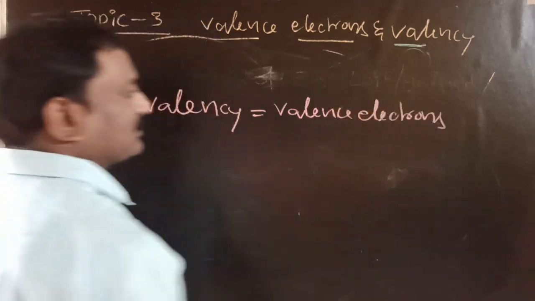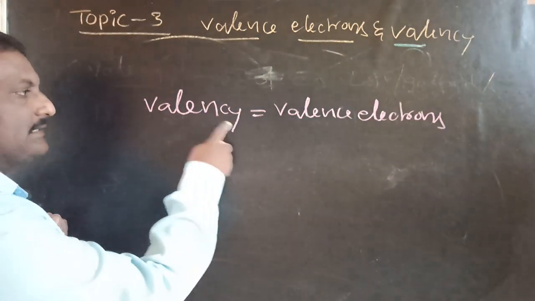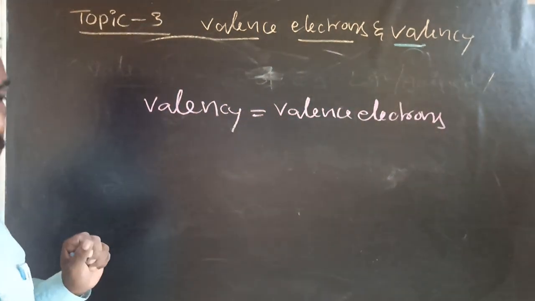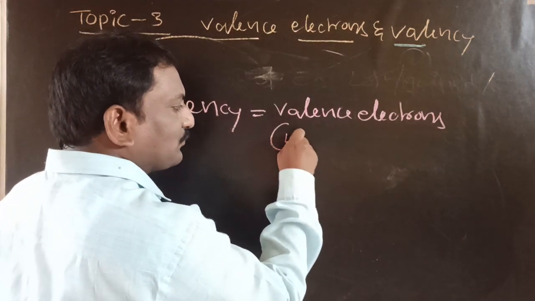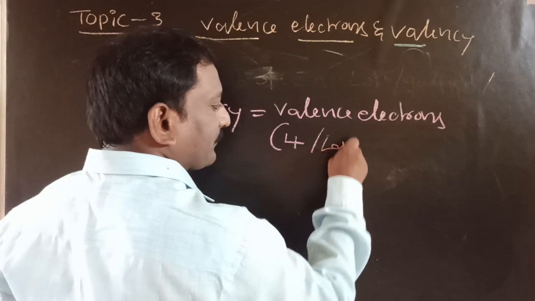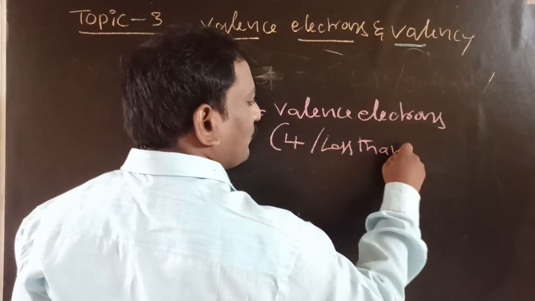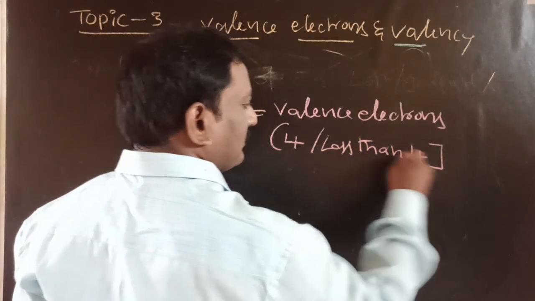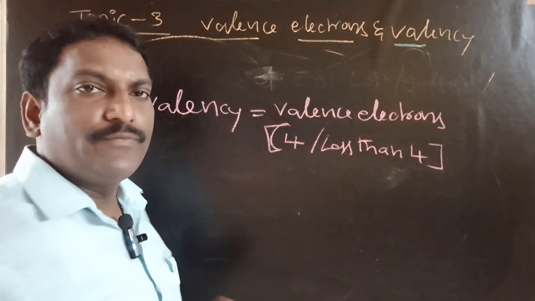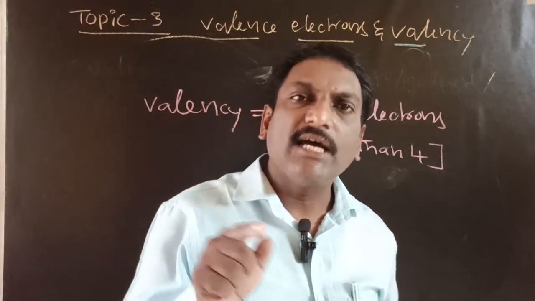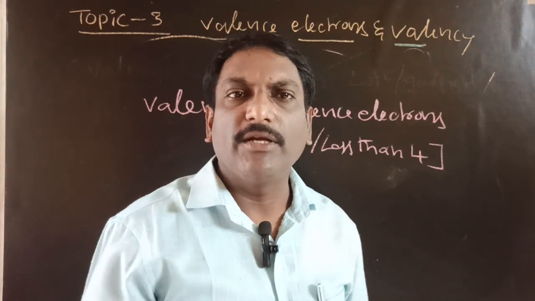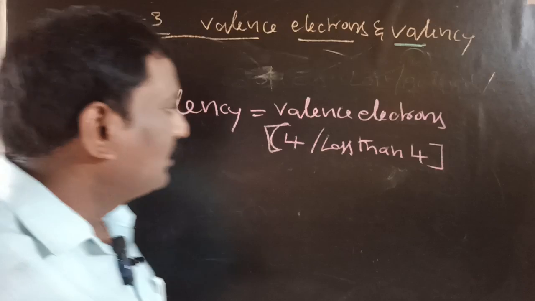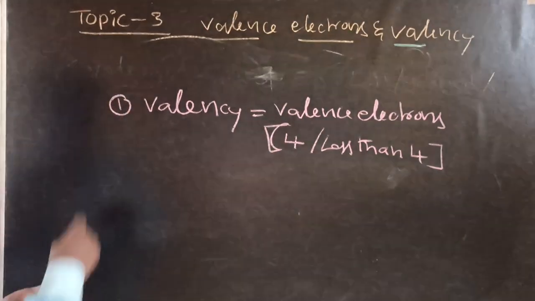If the element has 4 or less than 4 valency electrons, very important, then the number of valency electrons must be equal to valency. This is formula number 1.